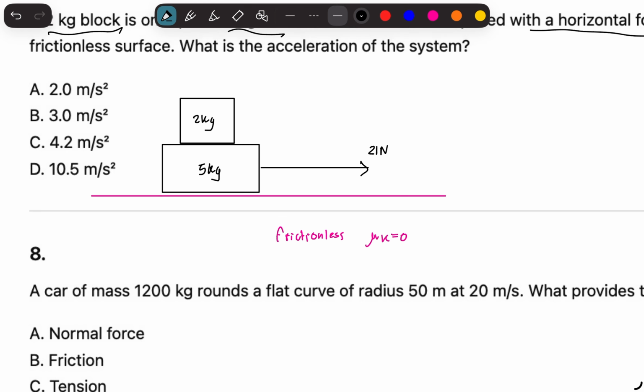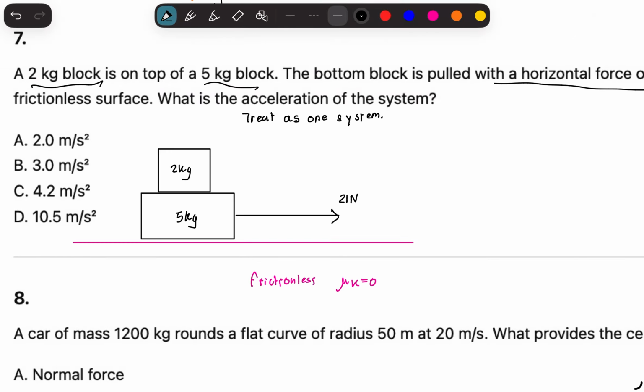We want the acceleration. So what you have to do here is you treat these two blocks as one system. That's because you have no slipping mentioned. So they move together. So let's find our total mass.